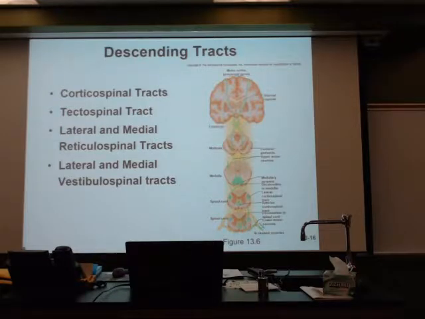First of all, we've got the ascending, got the descending, and their name is based upon where the information will start and where the information will end. So, for example, corticospinal.